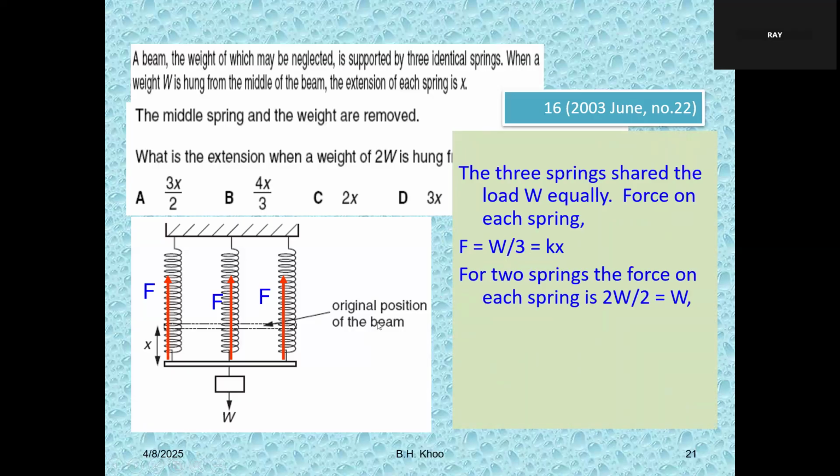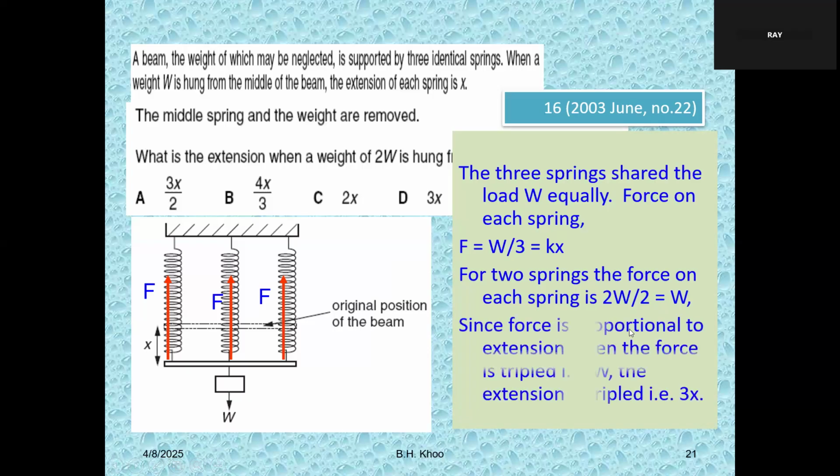Two springs. Now you remove the center one. You add 2W here. For two springs, the force on each spring will be W because they share up to W. The force on each spring is W, and Kx is W over 3, so it's times 3.